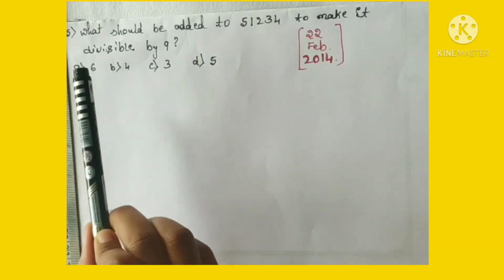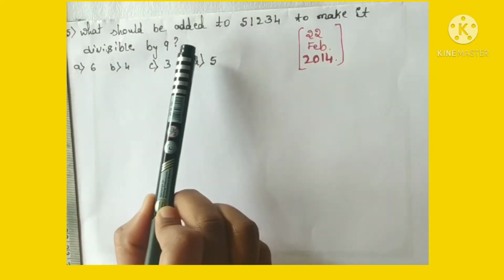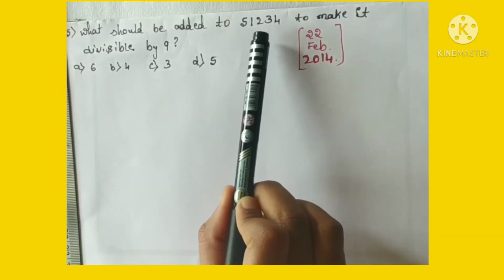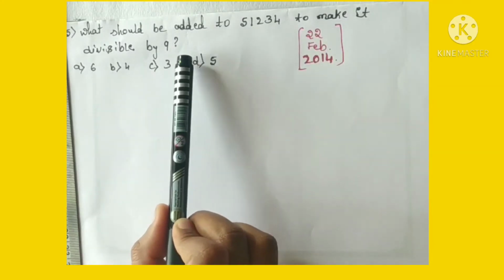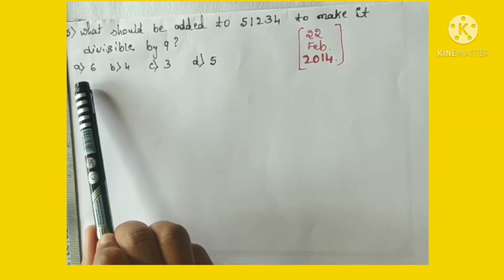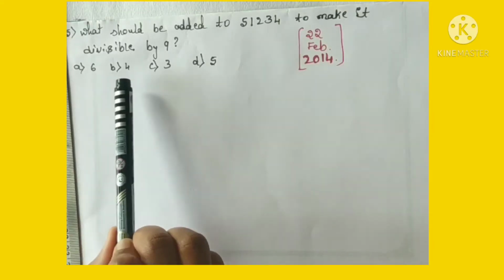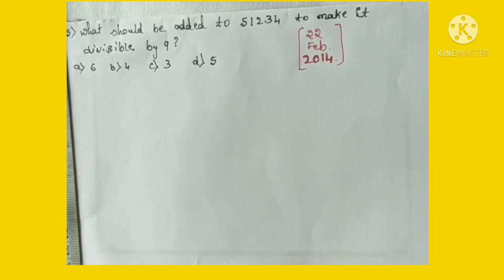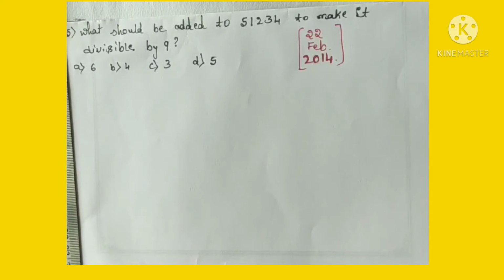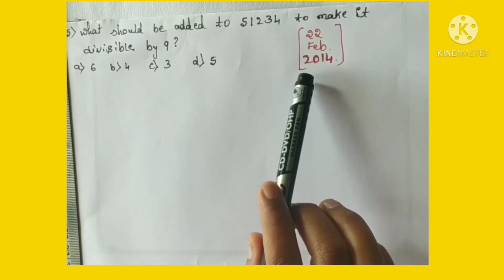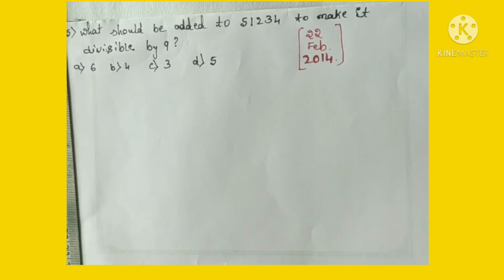Question number 5 is, what should be added to 51234 to make it divisible by 9? And they gave the options as 6, 4, 3, 5. Okay, this is also a previous year question. It was asked in 2014.